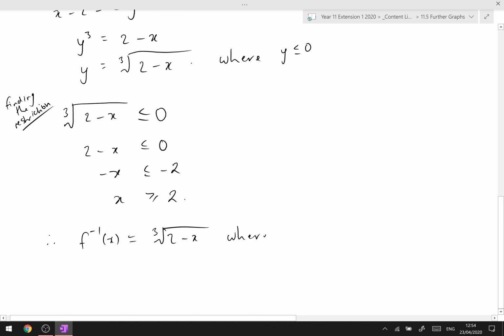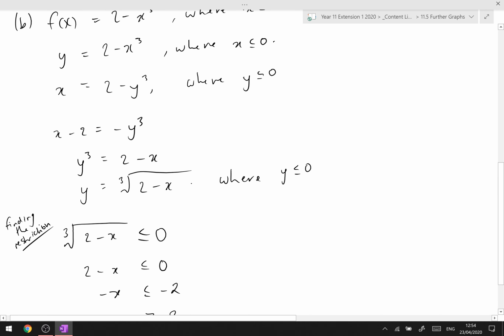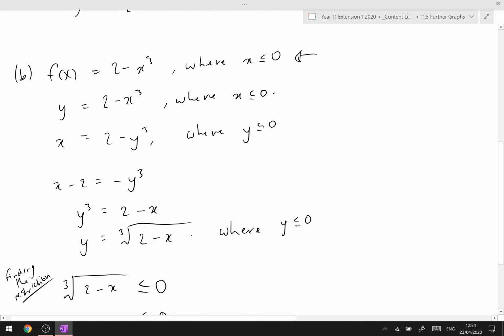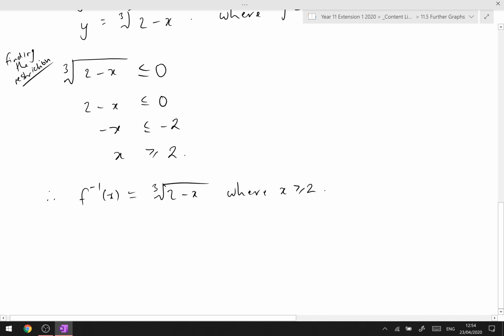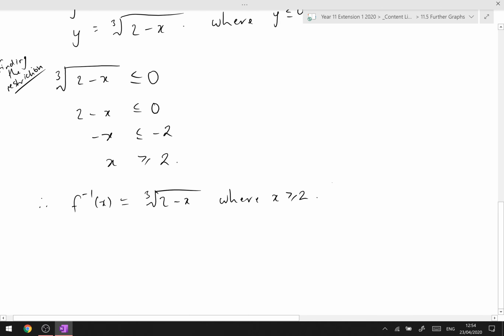Because the function back up here only works when x is less than or equal to 0, the inverse function itself only works when x is greater than or equal to 2. So it's just a little bit of algebraic manipulation to work out what value makes it work for the inverse.